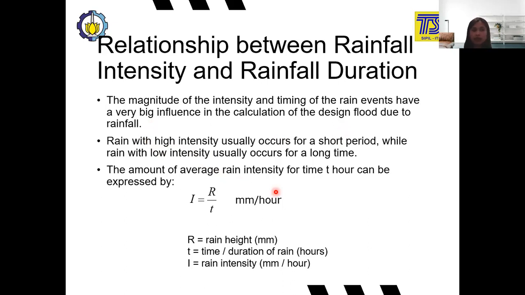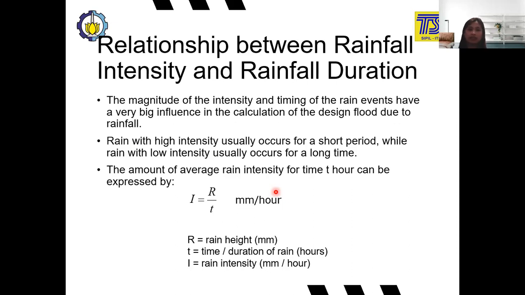Usually if the rain is heavy, the period of the rain is shorter than the rain which is not heavy. For example, if the rain is coming heavily, the time duration is shorter than the rain which is coming with low intensity.